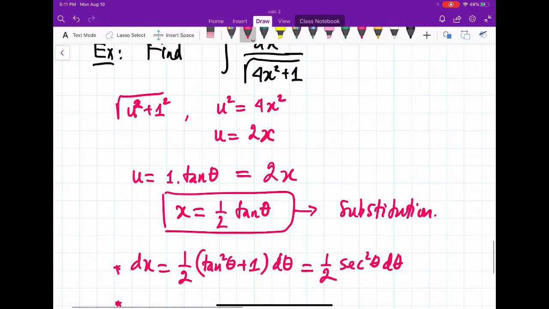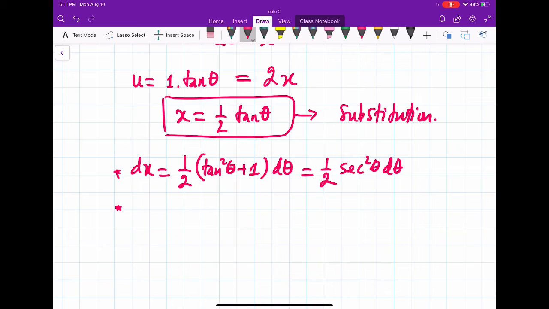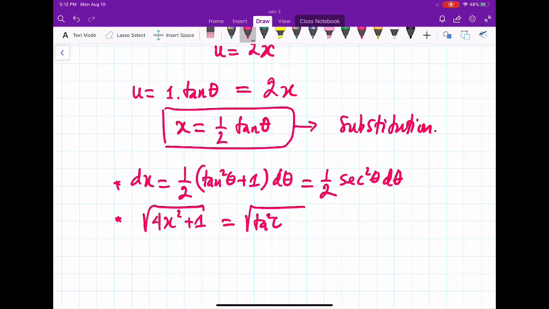Okay, again, we already did that in the second example, but without the square root. So let me rewrite that again. For this guy, 4x squared plus 1 square root is what? Is tangent square theta plus 1. You see that?